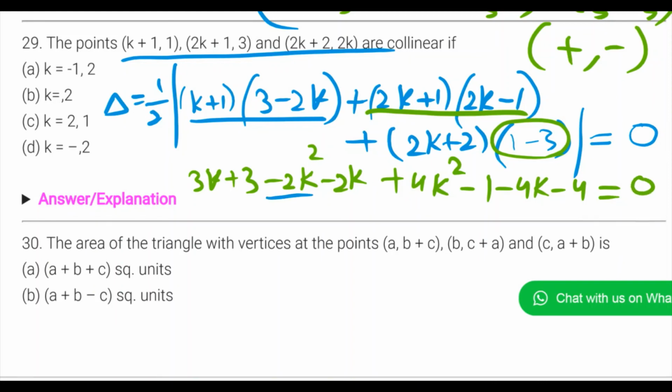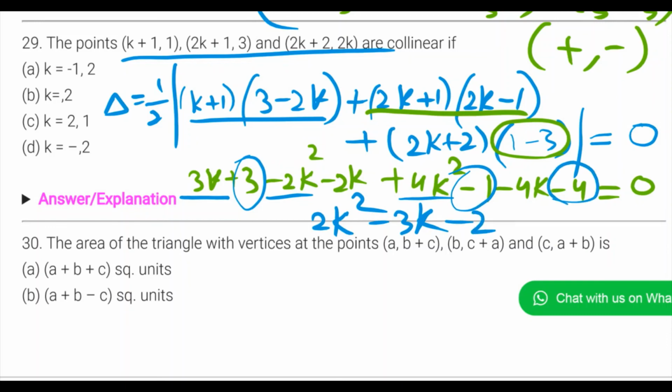Minus 2k squared plus 4k squared is 2k squared. Add the k terms: 3k minus 2k is k, k minus 4k is -3k. Adding up the constants: 3 minus 1 is 2, 2 minus 4 is -2. That equals 0. We got a quadratic equation here.